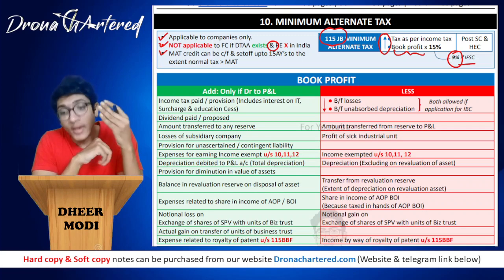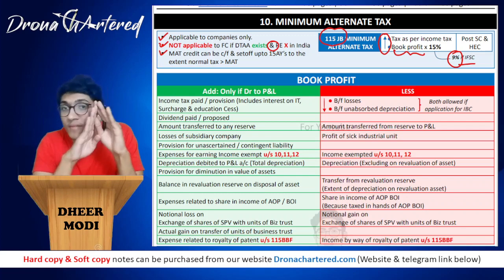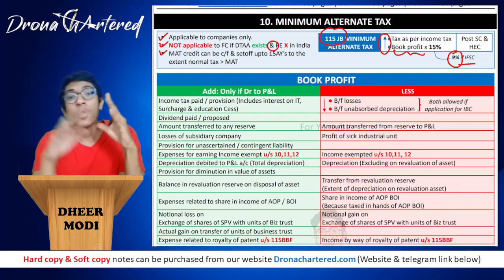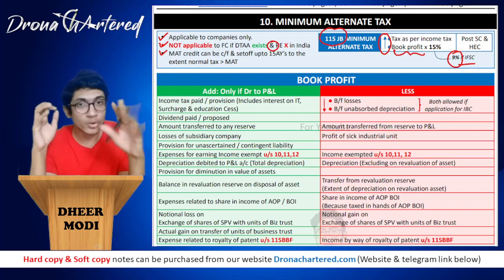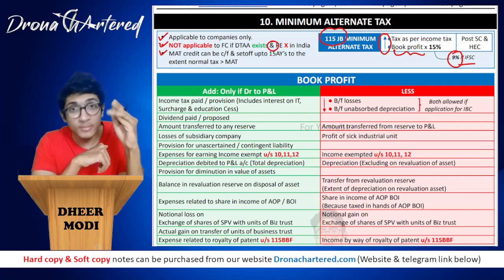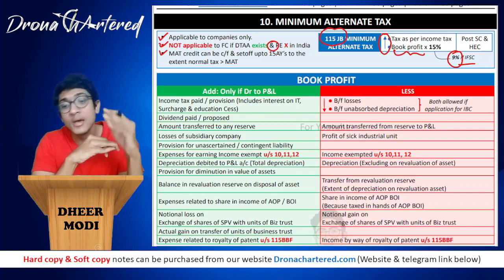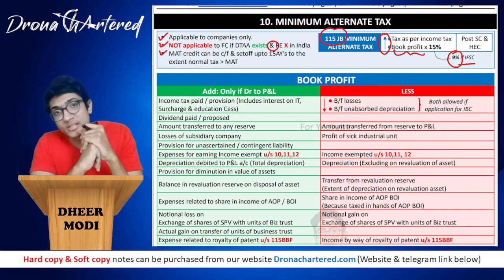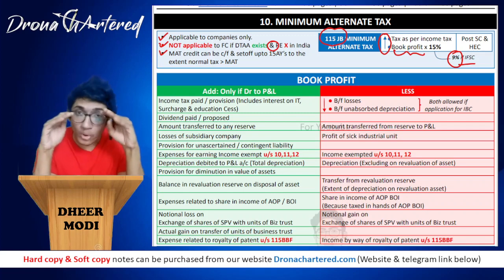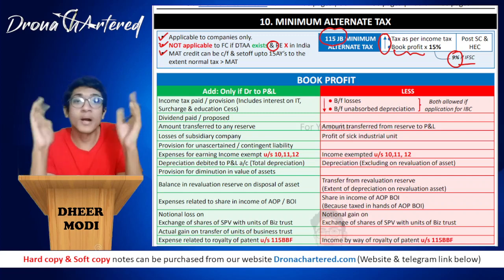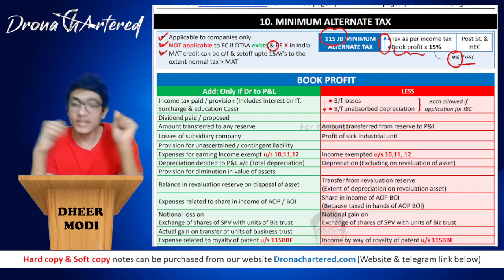Any line item that you do not see in this table, you do not have to adjust, until and unless you see that line item in this table. Only then you either have to add it to or subtract it from your PNL. I hope that is clear, because they will give you a lot of line items which are not included in this format, and they will expect you to make an adjustment. Clear? In short, you have to learn this format. Any line item apart from this format, you do not have to give any adjustment.